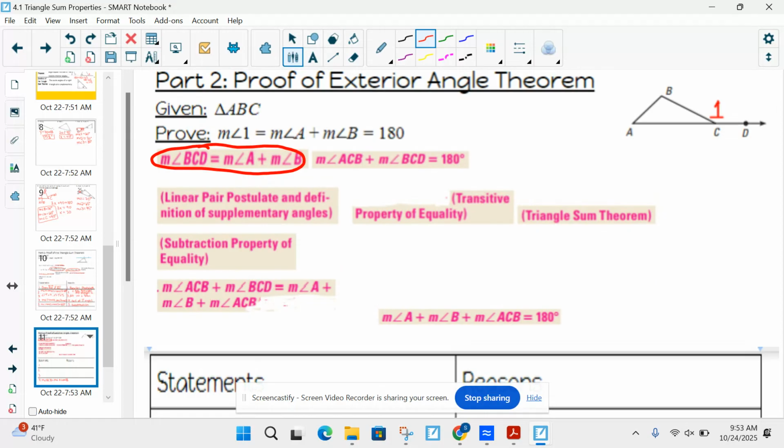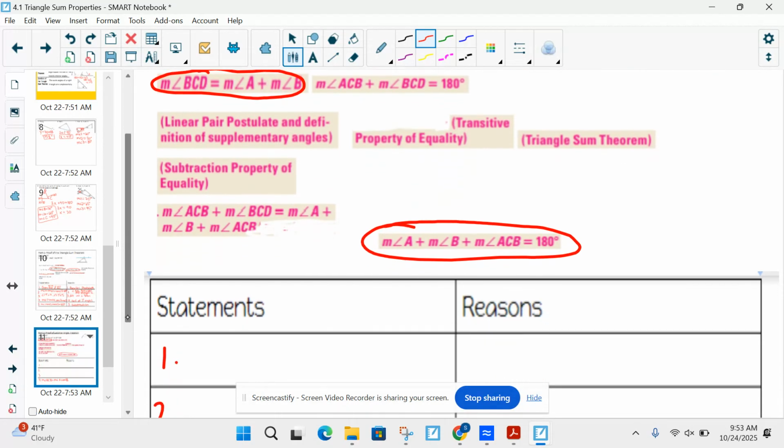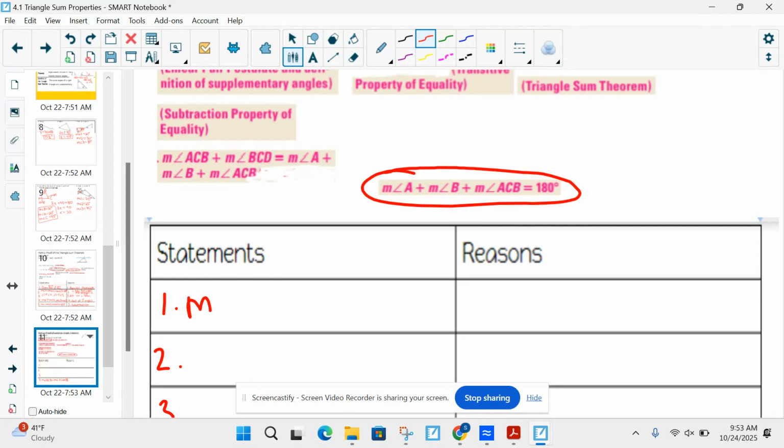Yes, that one, the triangle sum theorem one. Measure of angle A plus measure of angle B. Notice they're not saying measure of angle C because C is the vertex of more than one angle. You have to say measure of angle ACB. You have to specify the 3 vertices of that angle, and that is the triangle sum theorem.